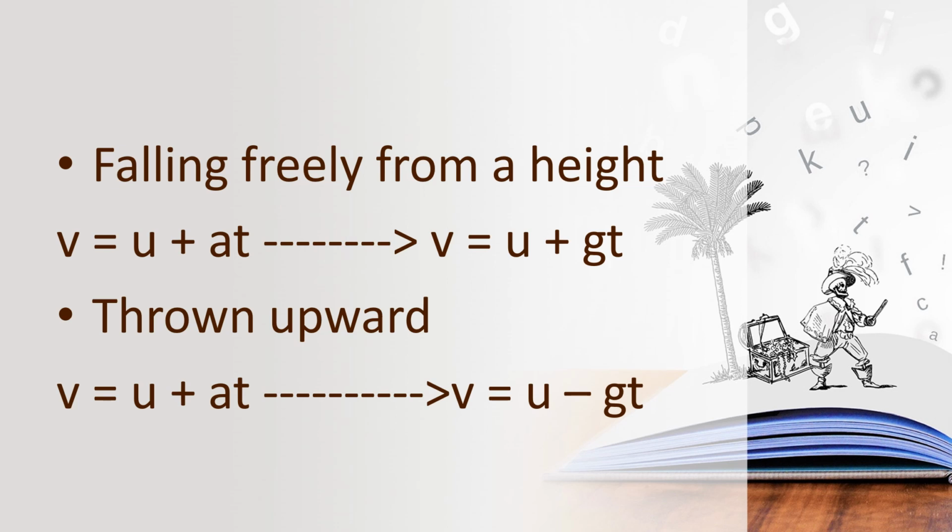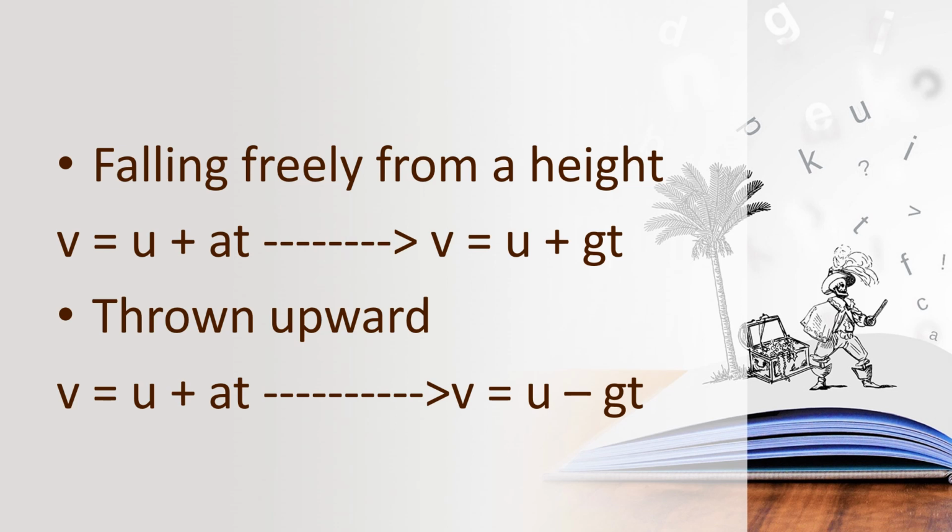You are changing that acceleration to acceleration due to gravity, so V equal to u plus gt. And again, if you are throwing it from the ground in the upward direction, from ground to the sky, the formula becomes V equal to u minus gt. Can you all understand, children? So if the body is freely falling from a height, V equal to u plus gt, and if it is thrown in the upward direction, V equal to u minus gt. Can you all understand, children?